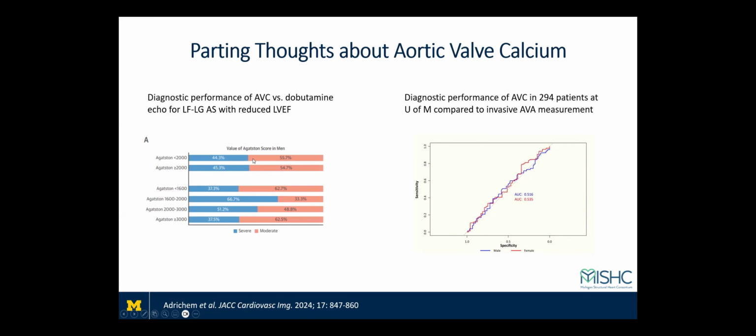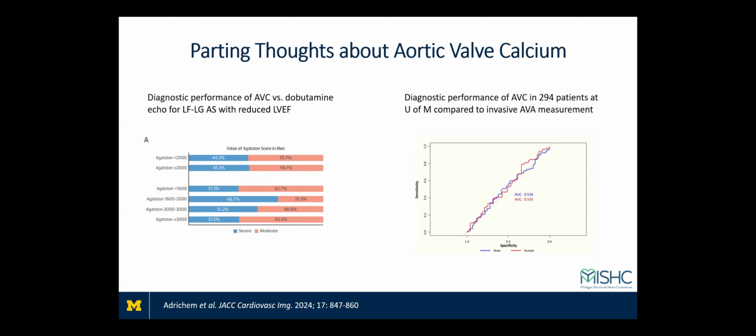And you see that there's really no difference based on the calcium score. And that's true even if you select different thresholds. There's not a consistent message that higher calcification led to more severe aortic stenosis. And then we have been involved in a study looking at local data of all patients undergoing invasive aortic valve studies for low gradient aortic stenosis.